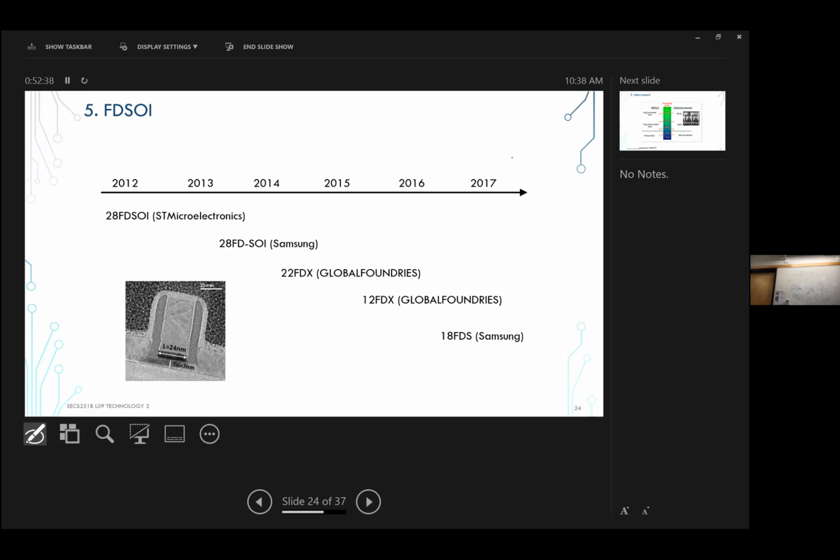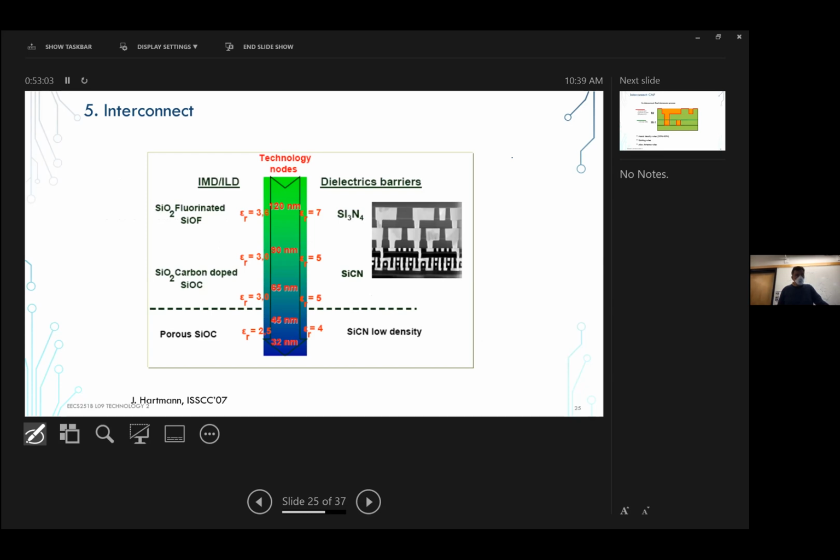It's like a FinFET, except it is laid down horizontally. It doesn't scale as aggressively as FinFET, but it's out there, and the channel lengths are comparable to what we see in FinFETs. I'll not spend time on it now, but there will be one part of a lecture that talks about the properties of FDSOI because some of our students are designing FDSOI.